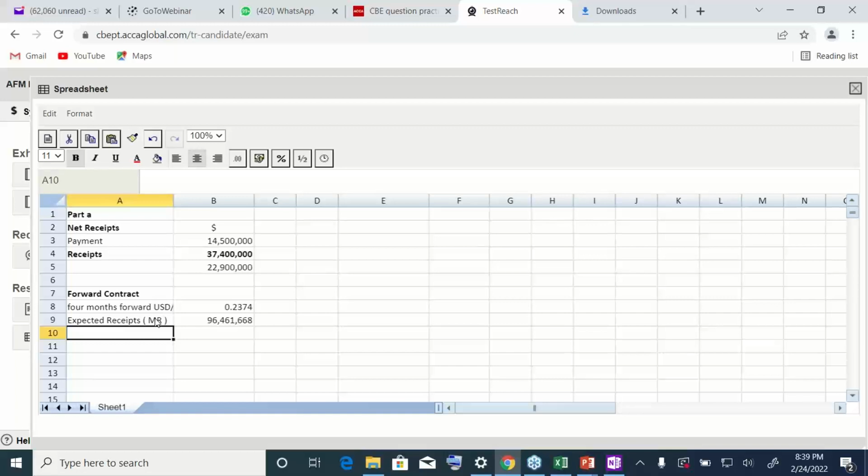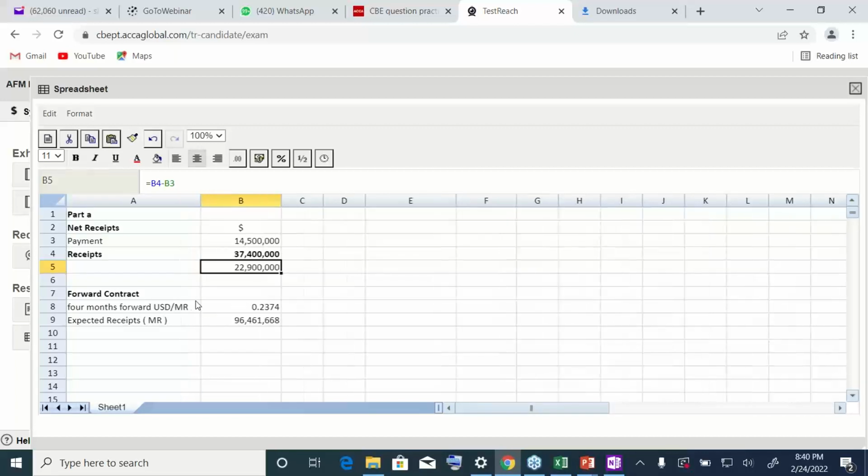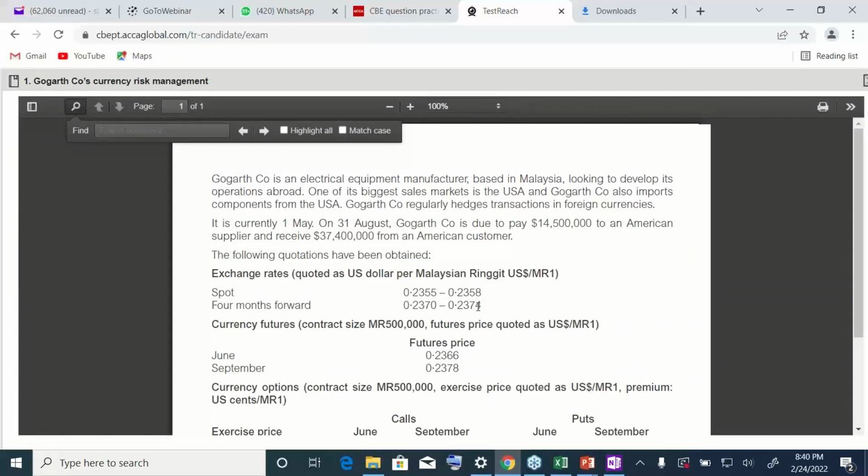Which rate for receipt or which rate for payment? It's very simple. Always consider yourself in an adverse position. As you know, this is the case of dollars and the rate is given in dollar over MR, so you need to convert dollars into MR. So you have to divide by the rate. The foreign currency net receipt is in dollars, and the rate is given in dollar over MR, so you have to divide. Whenever you are going to divide, always divide by the higher rate.